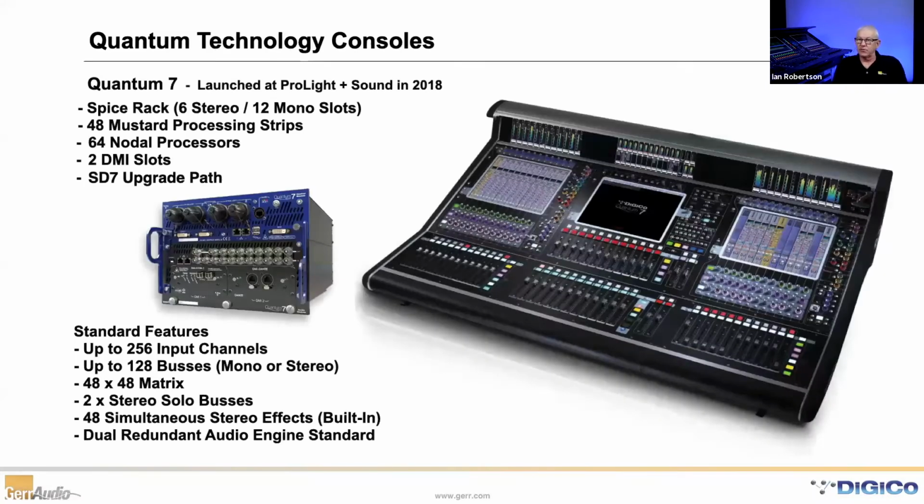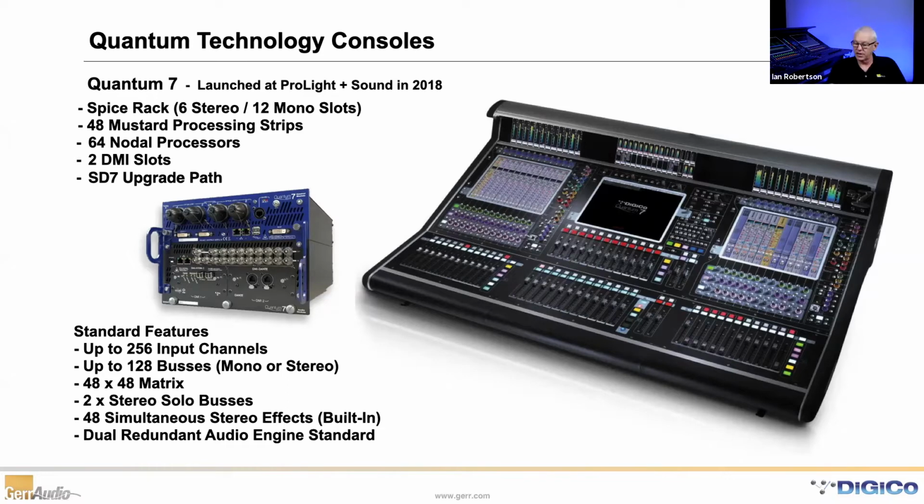There's the SD7, which was the first Quantum console. That was launched in 2018, and at the top of the slide is a list of the Quantum features that you get with the Quantum 7. And there's also an upgrade path. So if anybody has an SD7, the upgrade is you get a new pair of engines for your console and some new hardware inside the console that relates to the management of the power busing that feeds those engines.